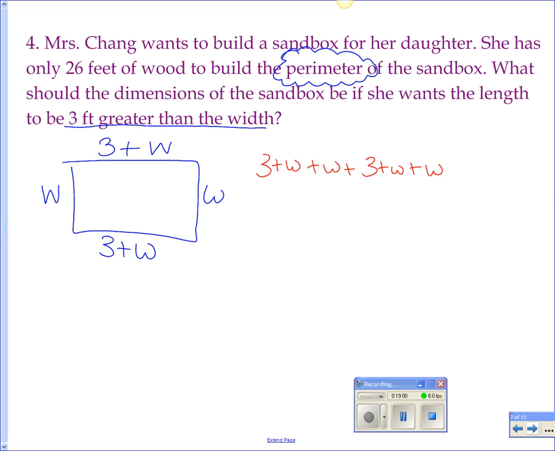Well, let's go back up to the word problem. What does it tell you how much wood there is? So that's what goes after the equals. Okay, the 26. Okay, Bishop, what do I add with the 3? So that gives me 6.